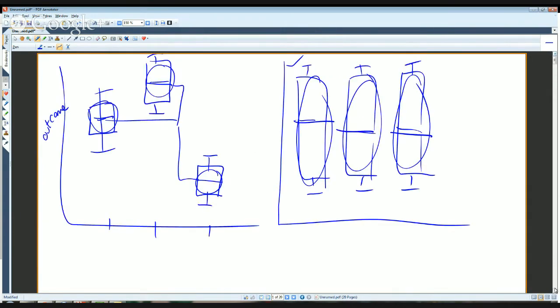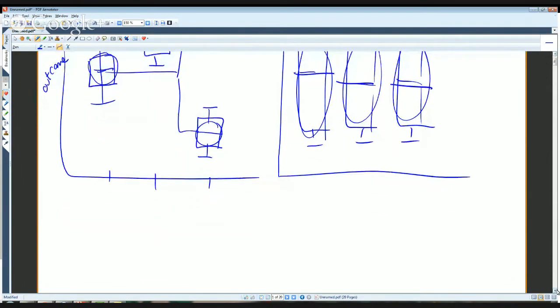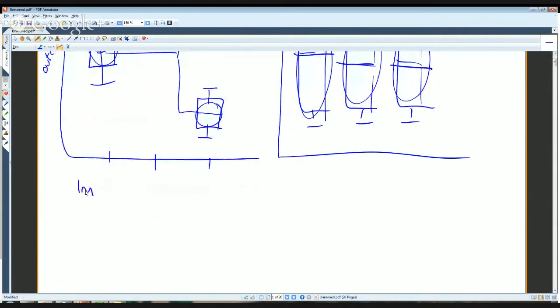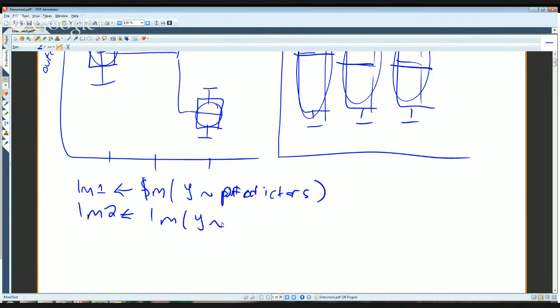But I still use the anova function in R, and the reason is I might have LM1, a linear model that fits y as a function of predictors, and I might have LM2, a function of y and the same set of predictors plus more predictors.